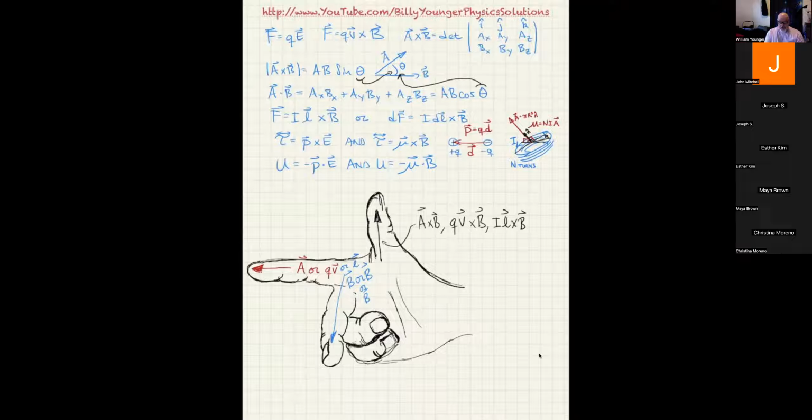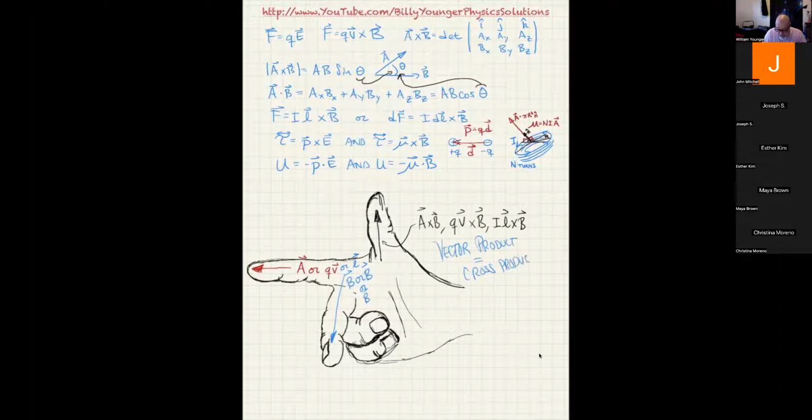So for starters, we know we can calculate a vector by using what we call the vector or cross product. Those are two words for the same thing: vector product, cross product. Vector product is equal to the cross product.